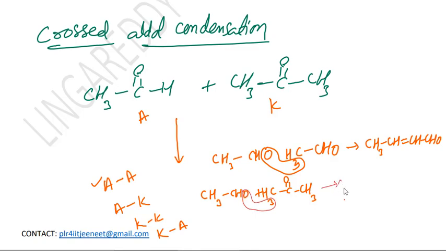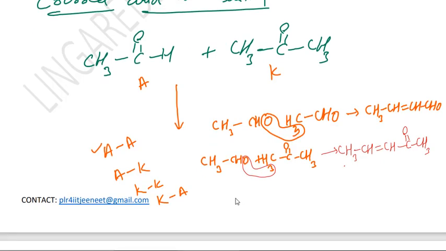Here I am getting CH3 CH double bond CH C double bond O CH3. See, these 2 compounds are different. Then I am writing K plus K, which means ketone plus ketone.